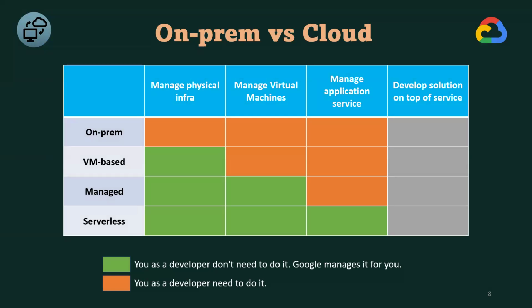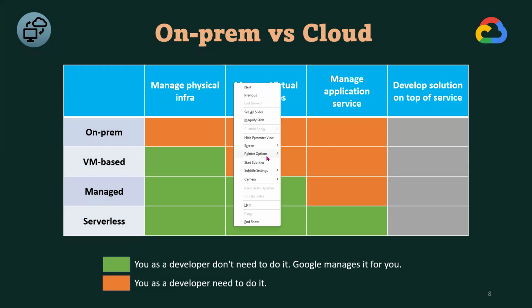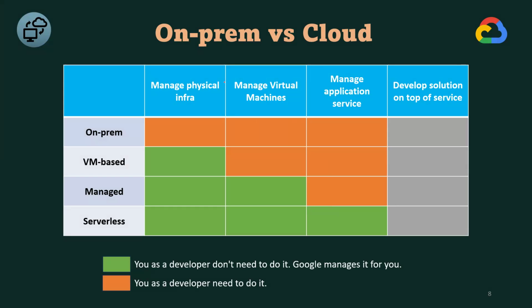While I was talking about on-premises and cloud in our previous sessions, if you remember, in on-premises, if I categorize the work done for developing a solution, we first have to manage the physical infrastructure. Then we have to manage the virtual machines. Then we have to manage the application service and then develop the solution. These are the typical steps in an application development stage, right?